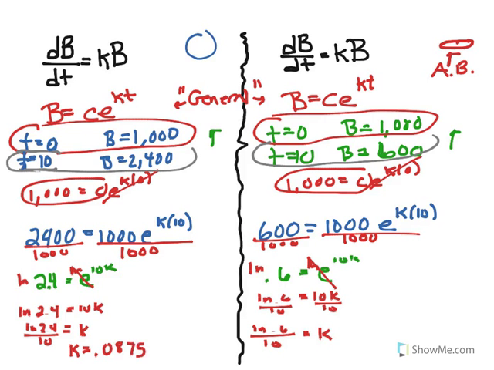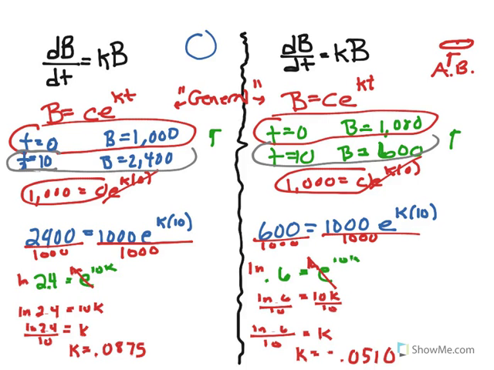And I'll do the other side. ln of 0.6, enter, divided by 10, and I got k equal to negative 0.0510.